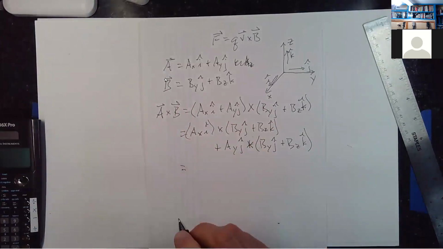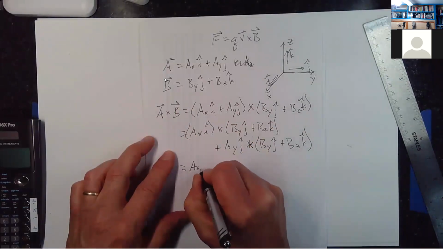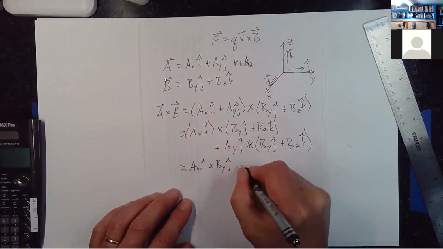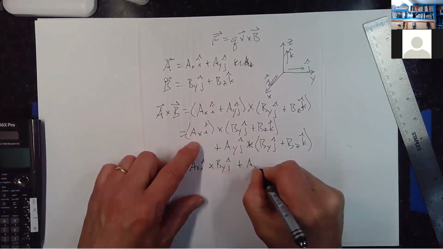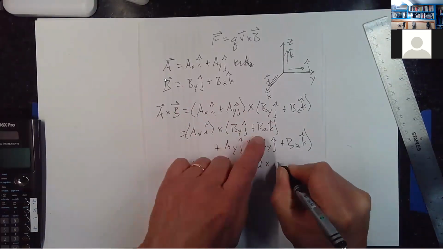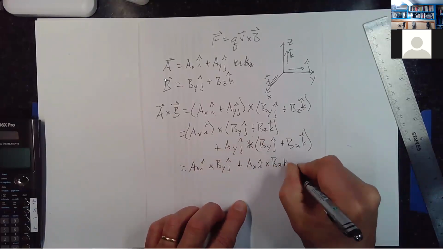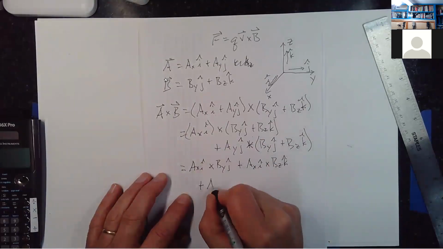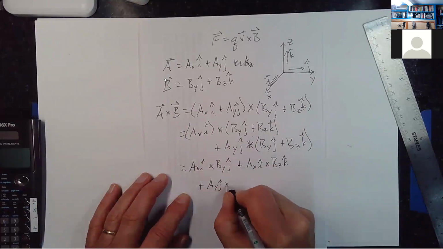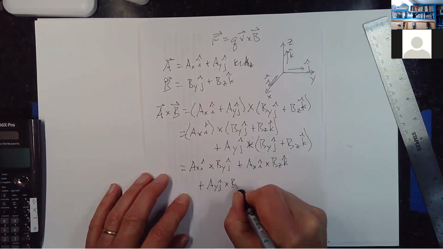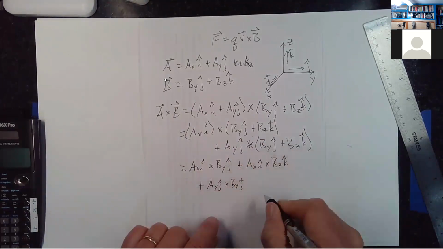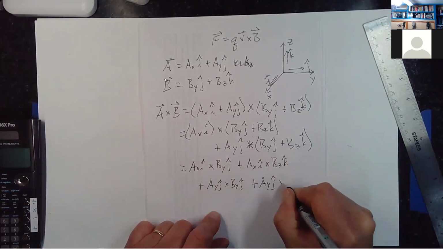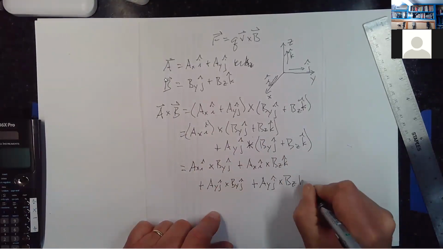So AX along I hat crossed with BY along J hat, plus AX along I hat crossed with BZ along K hat, and do the same thing with these last two terms: plus AY along J hat crossed with BY along J hat, I think I got all my hats on there, plus AY along J hat crossed with BZ along K hat.